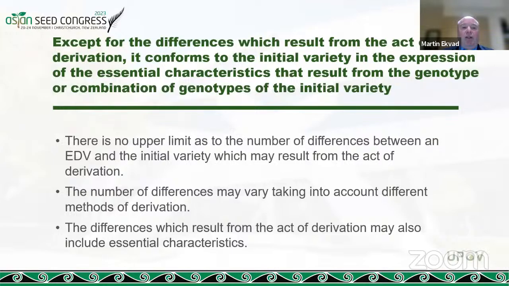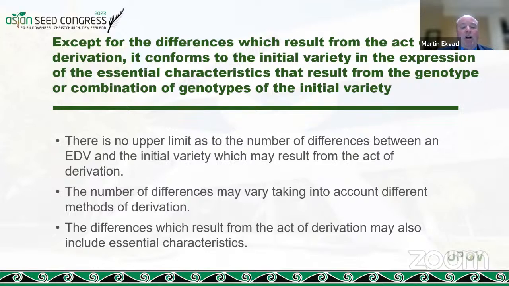And then the third criteria: except for the difference which results from the act of derivation, it conforms to the initial variety in the expression of the essential characteristics that results from the genotype or combination of genotypes of the initial variety. And here it's very important, the conformity. It has been discussed a lot. Well, I would say since 1991, but very much recently when the new explanatory notes were adopted.